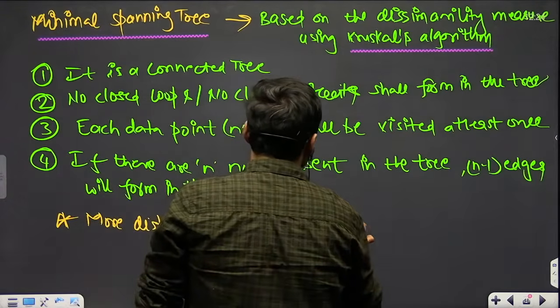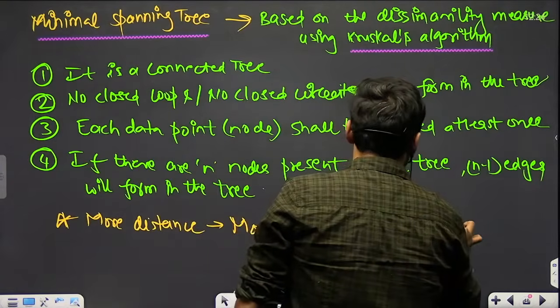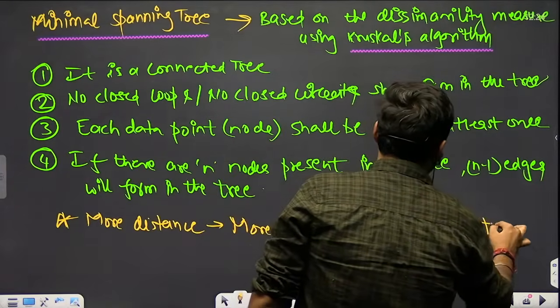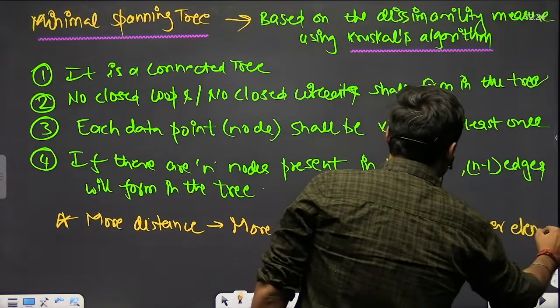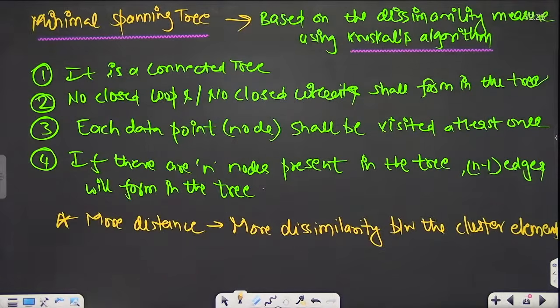In the tree, more distance means more dissimilarity between the cluster elements.